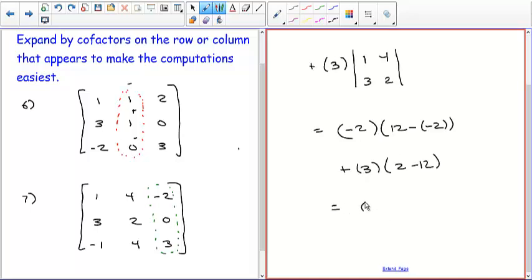So that's negative 2 times, here we have 12 plus 2, which is 14, plus 3 times negative 10. 2 minus 12 is negative 10. So that's negative 28 minus 30, which is equal to negative 58.